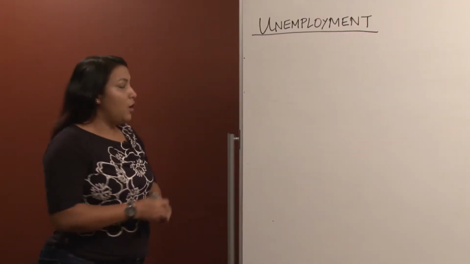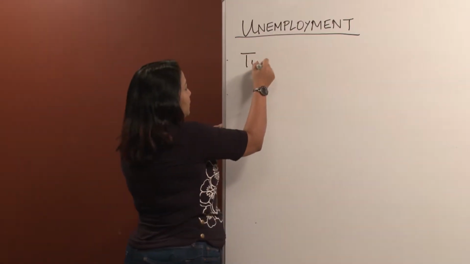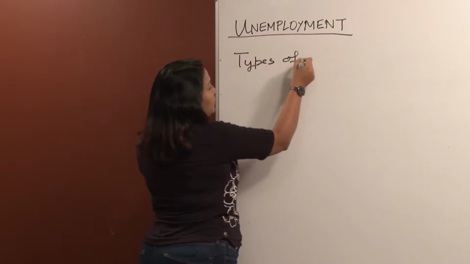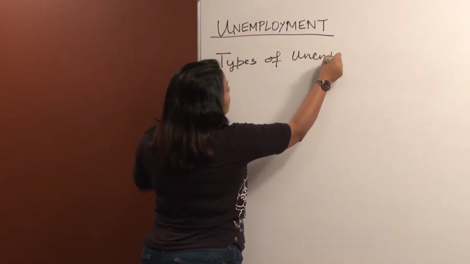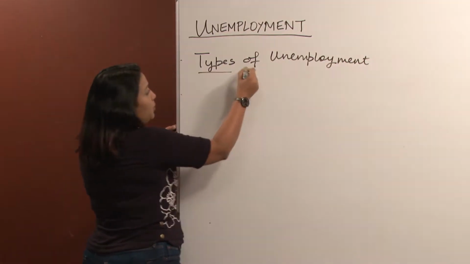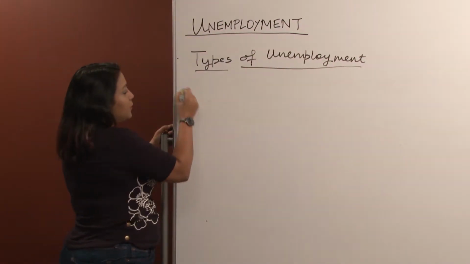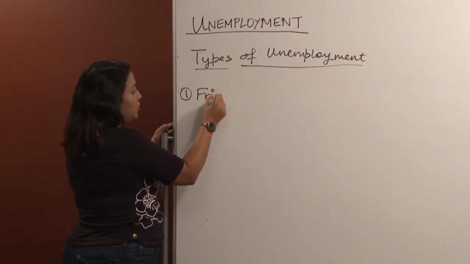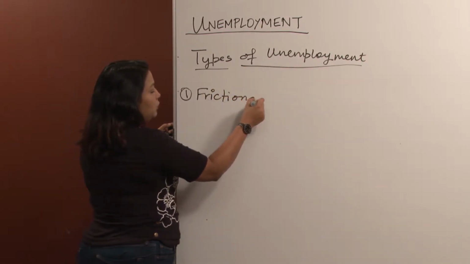Now, next let us talk about the types of unemployment. In this class, we will talk about the three broad categories of unemployment. The first is frictional unemployment, and I will walk you through each type.